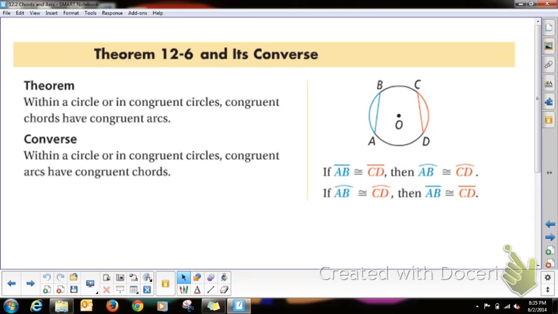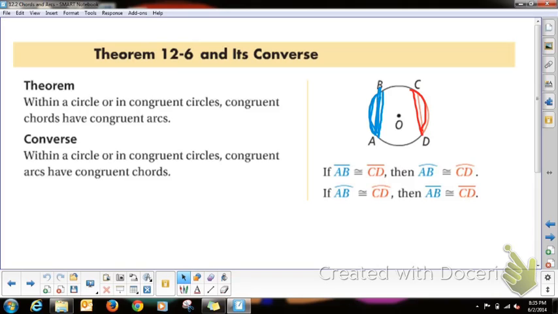Theorem 12.6 and its converse. Within a circle or in congruent circles, congruent chords have congruent arcs. So in this picture here, segment AB is congruent to segment CD, and therefore the arcs are congruent. Arc AB is congruent to arc CD.